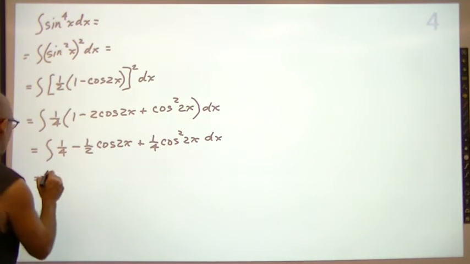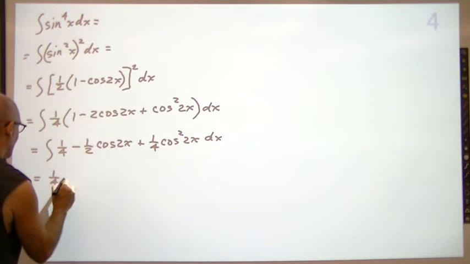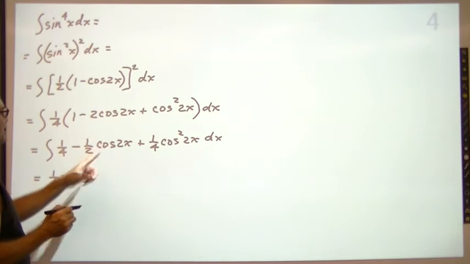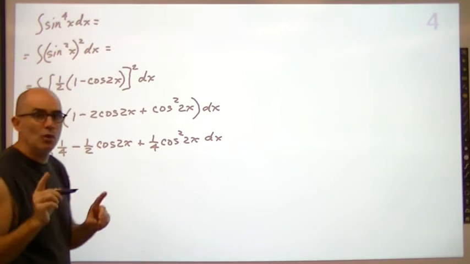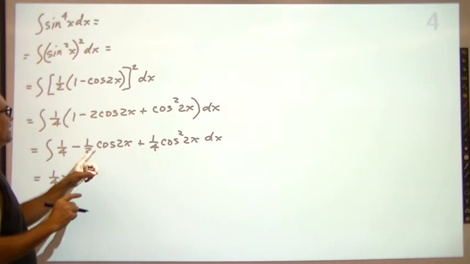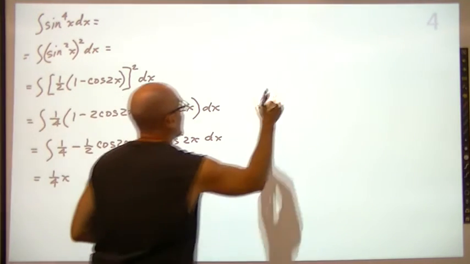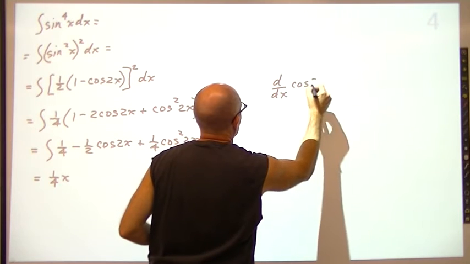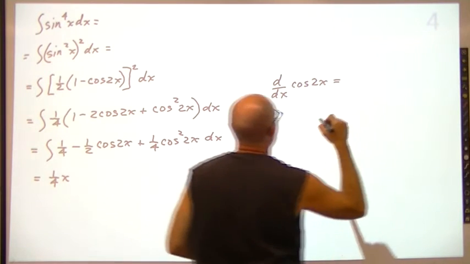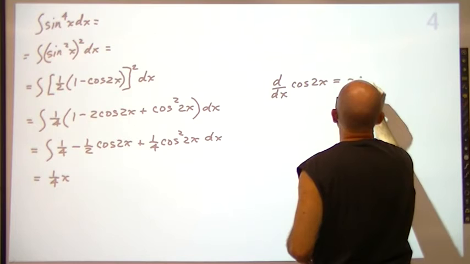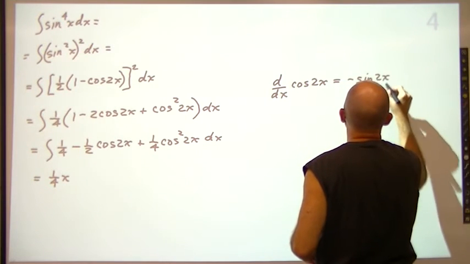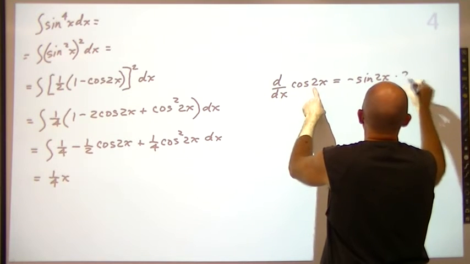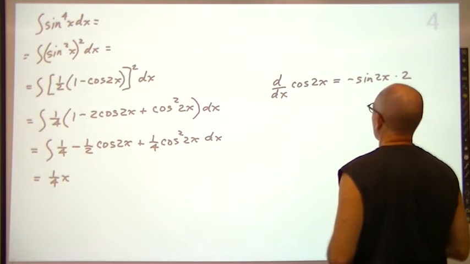So the integral of 1/4 is 1/4 x. The integral of minus 1/2 cosine 2x. Now let's do the reverse chain rule. See, if I was going to take the derivative of cosine 2x, then that would be negative sine 2x times the derivative of the inside of that function, which is 2.